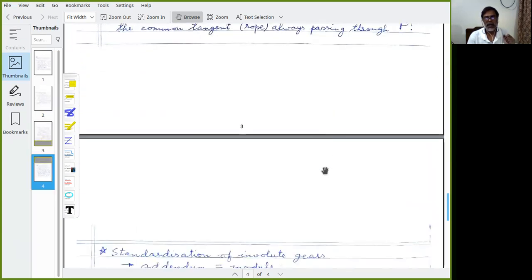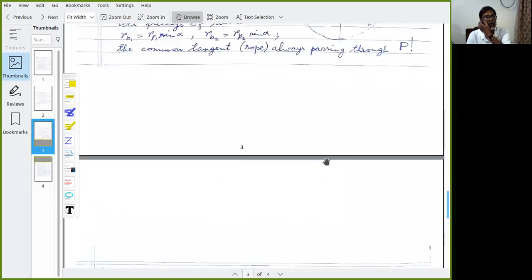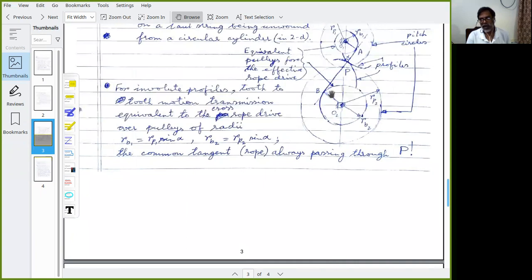So that is a condition. And for that to be ensured, you can just do a simulation and find out that it happens like this. Otherwise, we need to undercut. And it has a relationship with the pressure angle, which is this alpha.